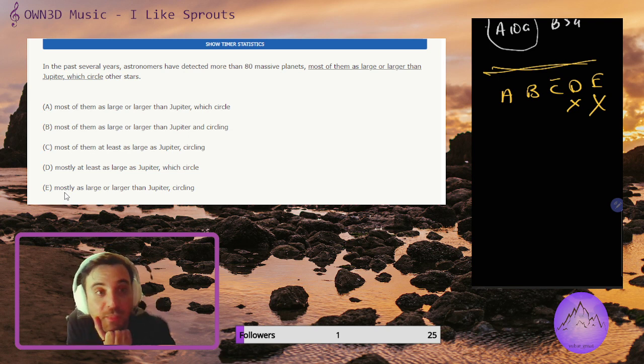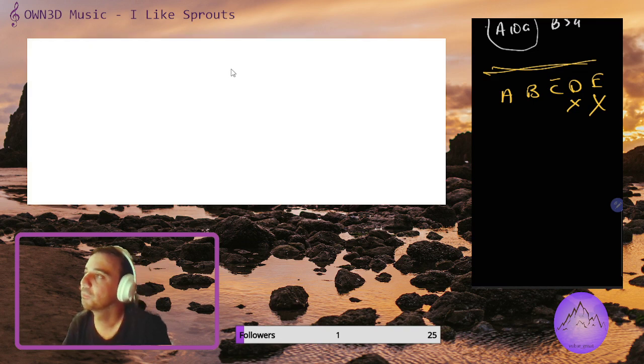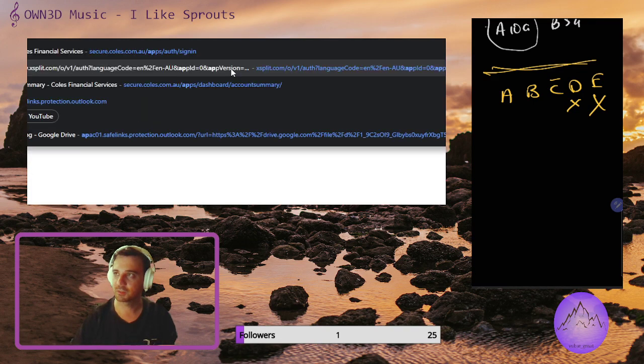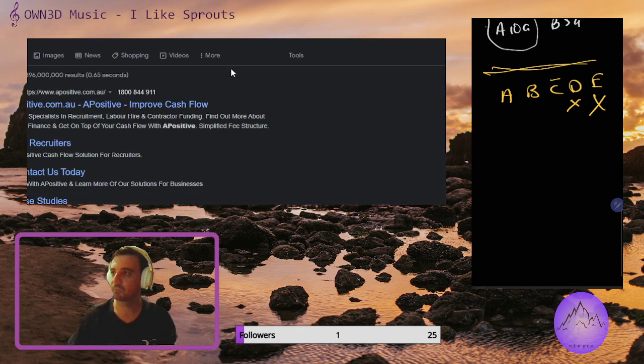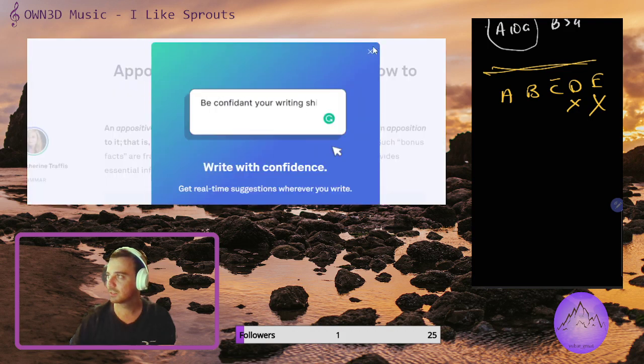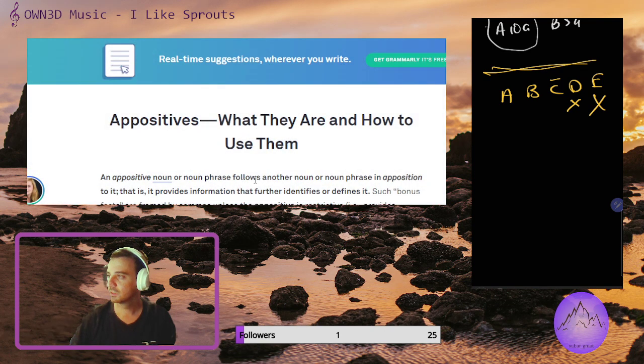I think that's the issue here. So which, what are those called? Are those appositives? Is that what which is? I'm just going to double check some theory very quickly. An appositive phrase, just give me a definition.